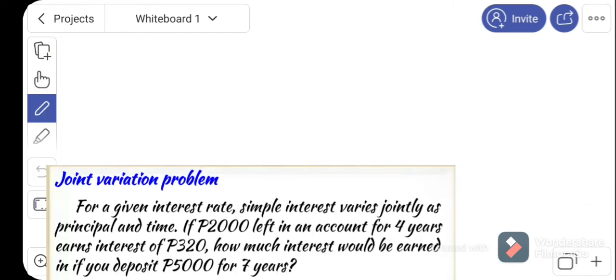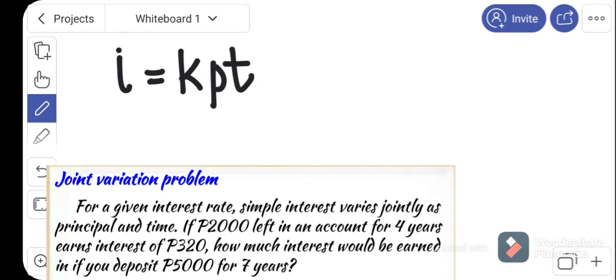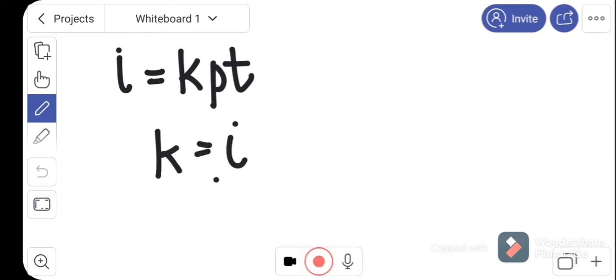We have the interest is equal to k, varies jointly with principal and time. To be able to solve for k, we derive this equation. So now we have k is equal to interest over p times time.